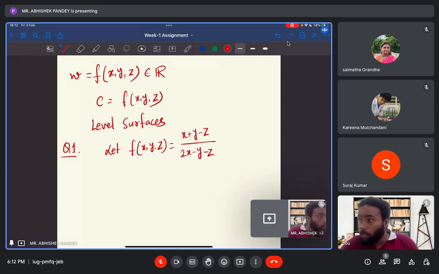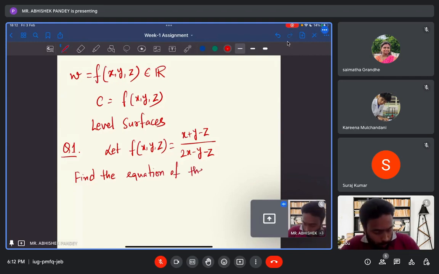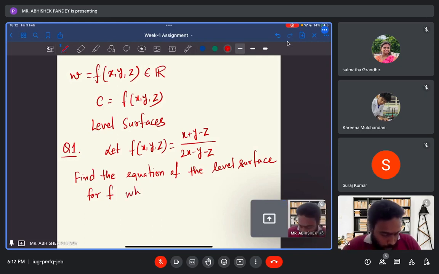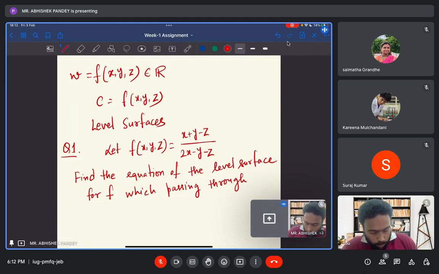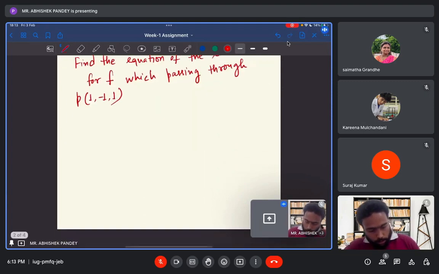We have to find the equation of the level surface for f which passes through a particular point, let us say P(1, minus 1, 1). So this is our first question.